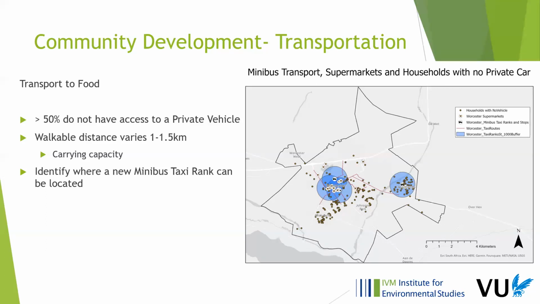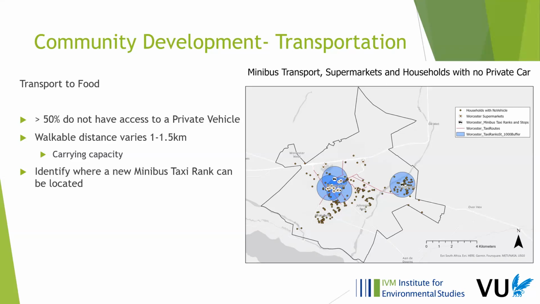And we do know in this study that most families rely on supermarkets for most of their grocery shopping for the household. So we factored in the walkable distance to a supermarket, considering the carrying capacity, so the capacity to hold your groceries and or take children with you to the supermarket. We found that to be at most 1.5 kilometers.